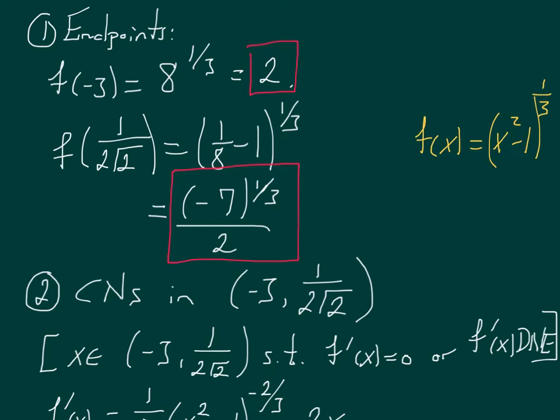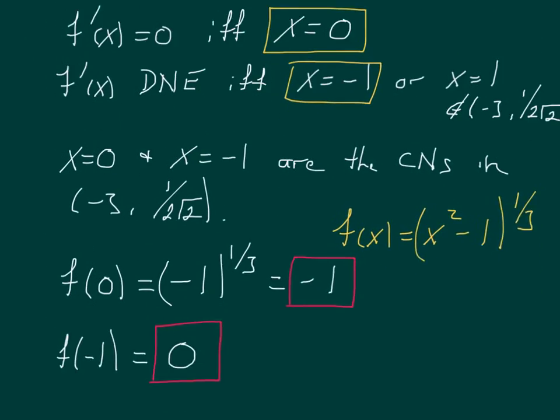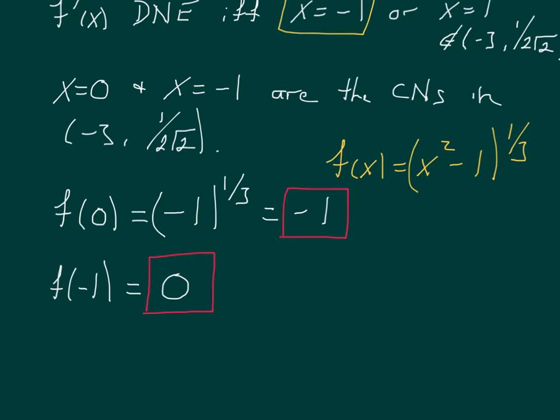So we need to be able to compare the numbers 2, minus 7 to the 1/3 over 2, minus 1, and 0. That is our question.